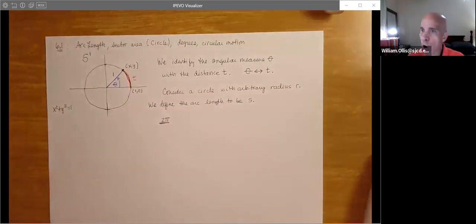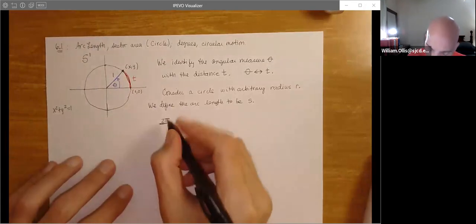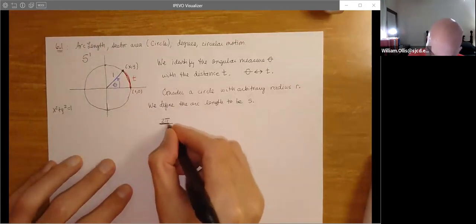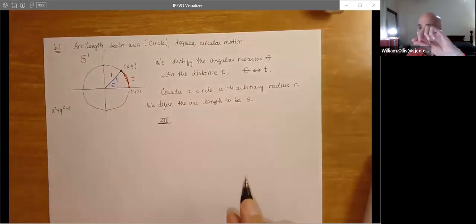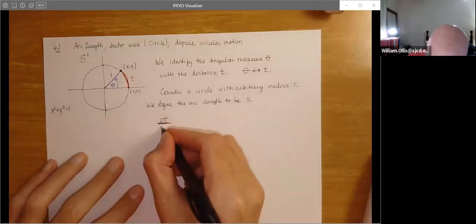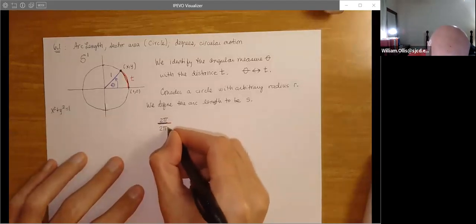Again, now we have an arbitrary circle, and then we think if we lap once around, what is the actual circumference? Well, we know that will be 2 pi times the radius, or pi d, or 2 pi r. So we have 2 pi r.